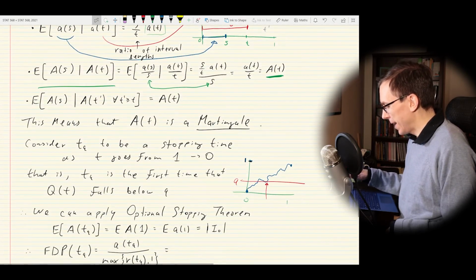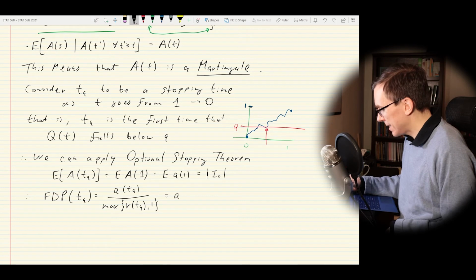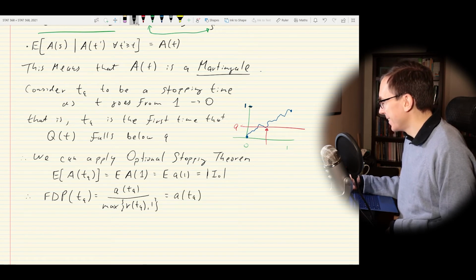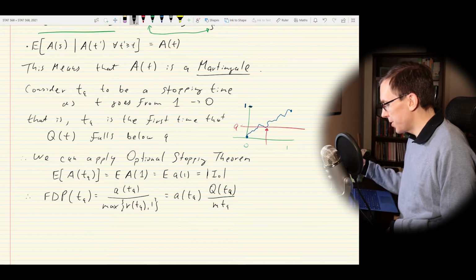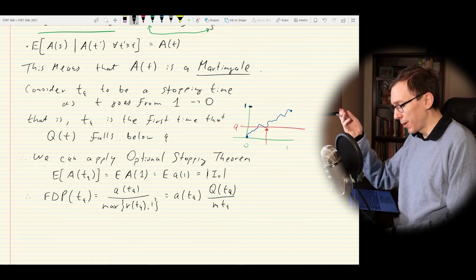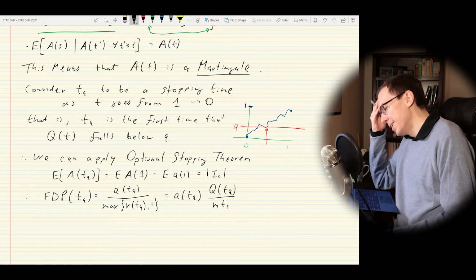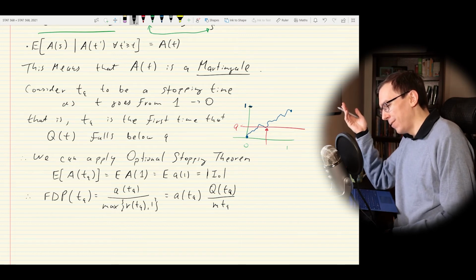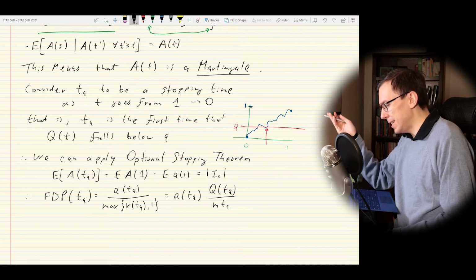So if we rewrite this, we can rewrite this as A at t_q, and then capital Q at t_q, divided by M at t_q. So this is just using our definitions to rewrite. So far, we haven't done anything that profound. We're just rewriting the false discovery proportion given the definition of Q_t above.